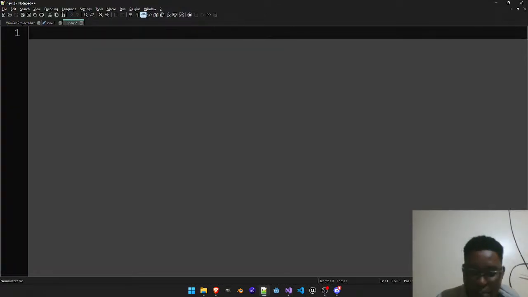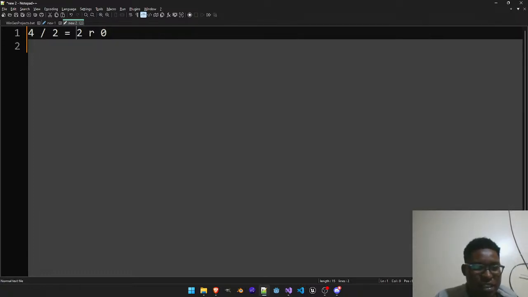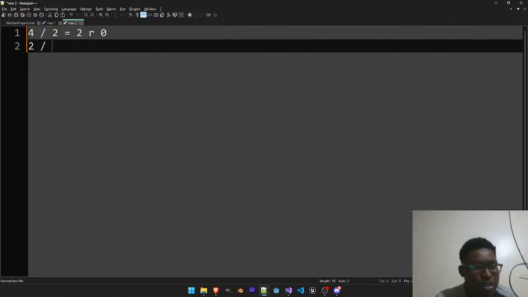So if, for example, you're trying to check the binary digit of 4, every time we'll just divide it by 2. Here we'll get 2, and the remainder will be 0. Then we pick this 2 and divide it by 2, we get 1, remainder of 0.